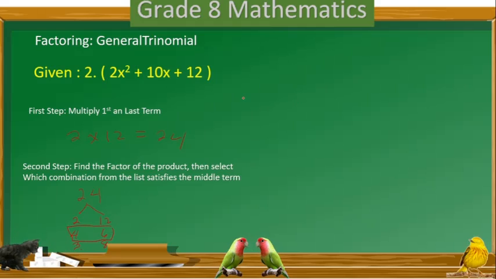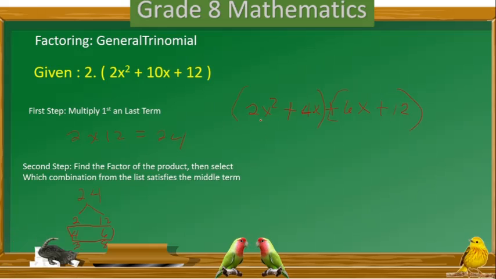So rewriting the given, 2x squared, instead of the middle term 10x, you will write positive 4x plus 6x plus 12, then group.